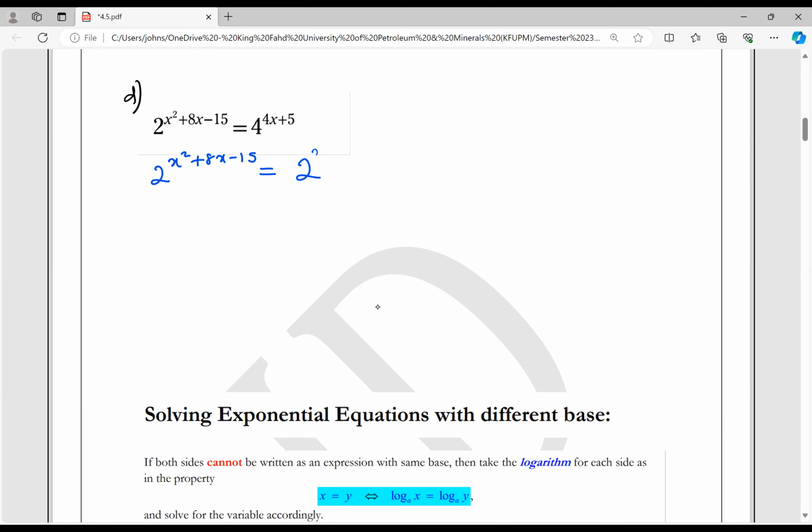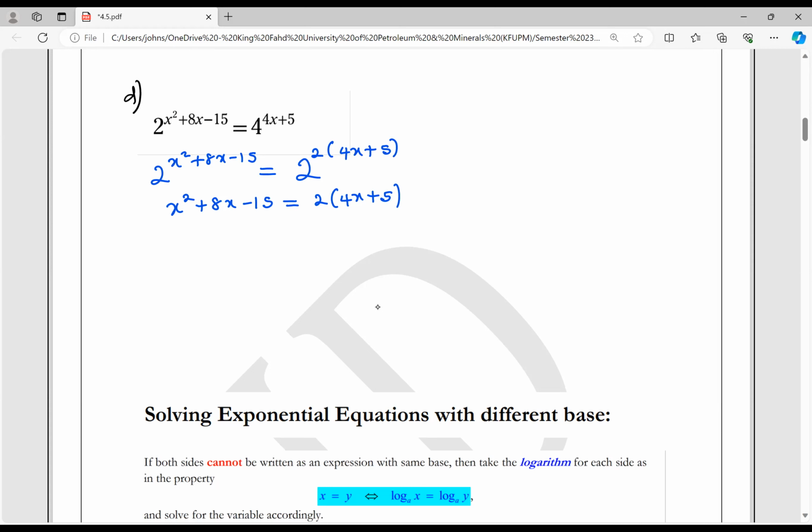We can write 4 as 2 squared. Then we put a bracket and we have our 4x plus 5. And then we can drop the base. So this is x squared plus 8x minus 15 equals 2 times 4x plus 5.